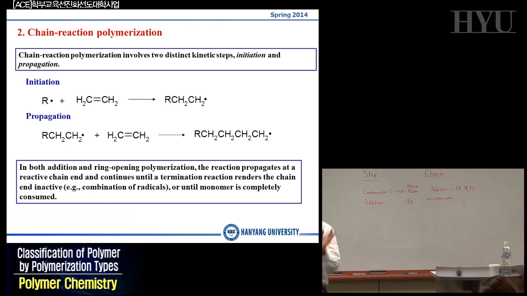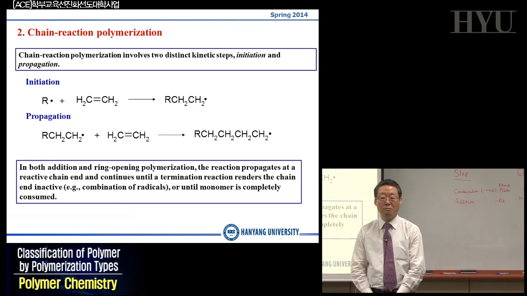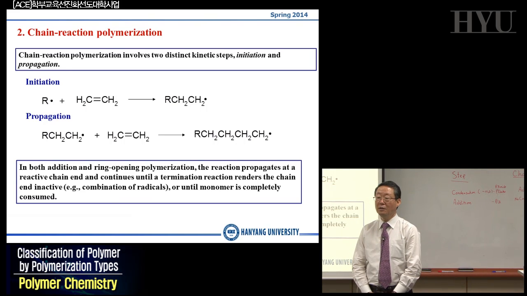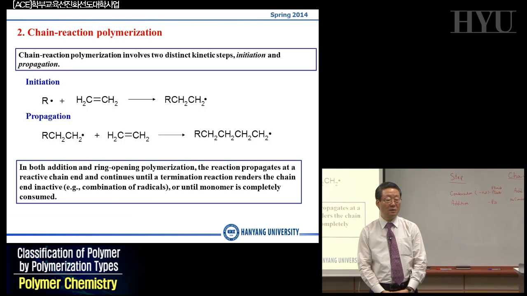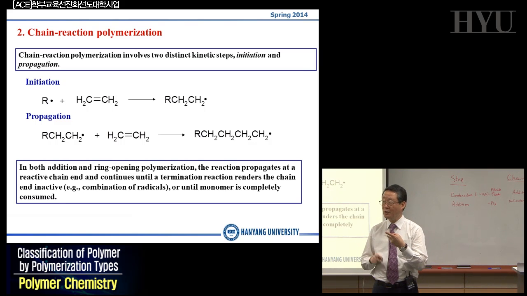I think we have talked about what types of polymerization reactions are present, and in summary, we have talked about step growth and chain growth polymerization reactions, and addition and condensation reactions.